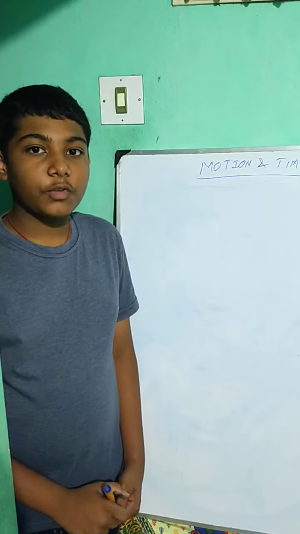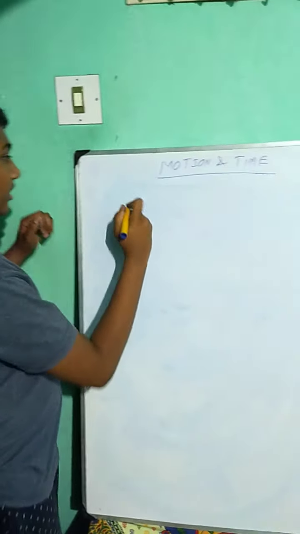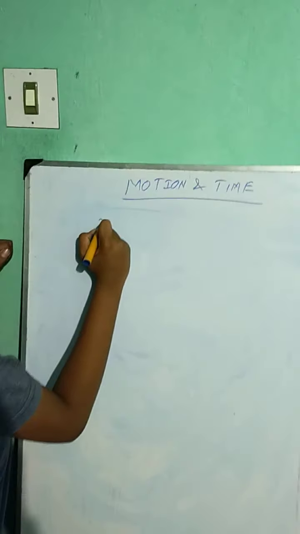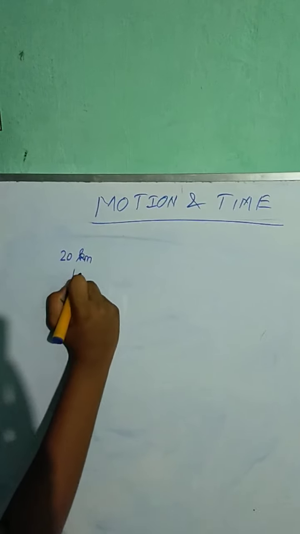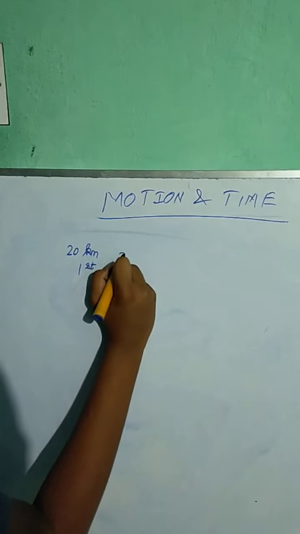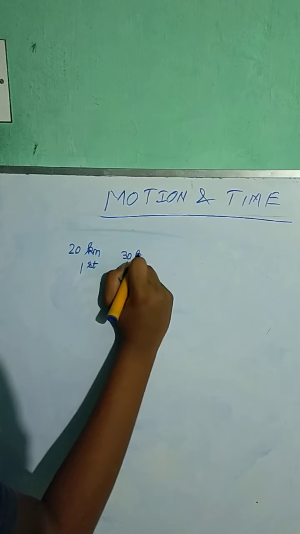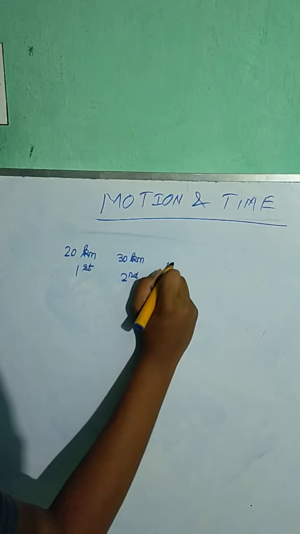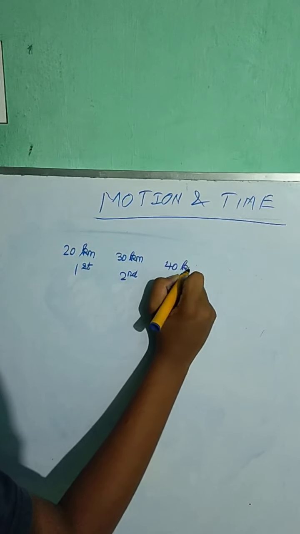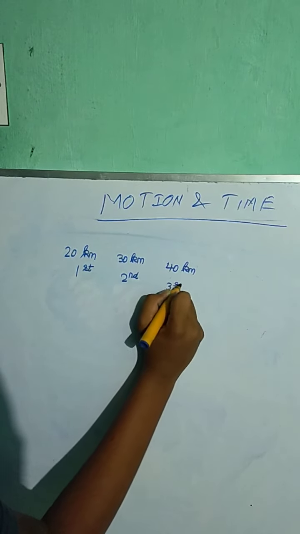I'll give an example for average speed. A car traveled 20 kilometer in the first hour, 30 kilometer in the second hour and 40 kilometer in the third hour.